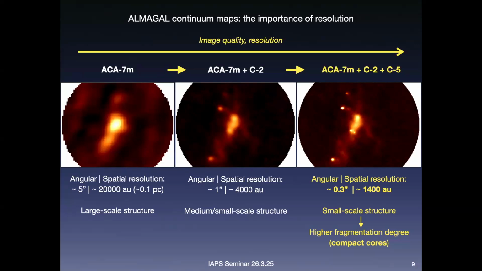But it's when we add also the more extended baselines that we reach the full resolution of our setup, and we are able to reveal a higher fragmentation degree, and ultimately we can study the compact cores and try to measure their main physical parameters.